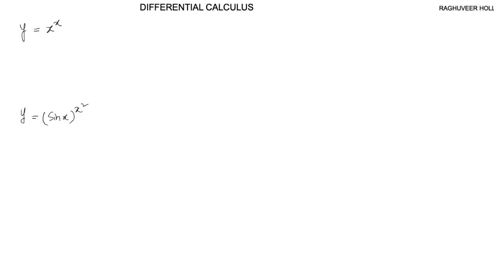Now let us try to solve this y is equal to x to the power of x. Now by taking logarithms on both sides, we get log y is equal to x log x. Now differentiating both sides with respect to x, this is 1 by y dy by dx is equal to x into 1 by x plus this is log x and multiplied 1, so we get 1 plus log x.